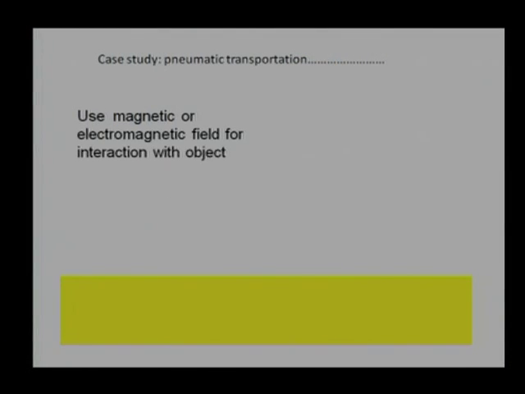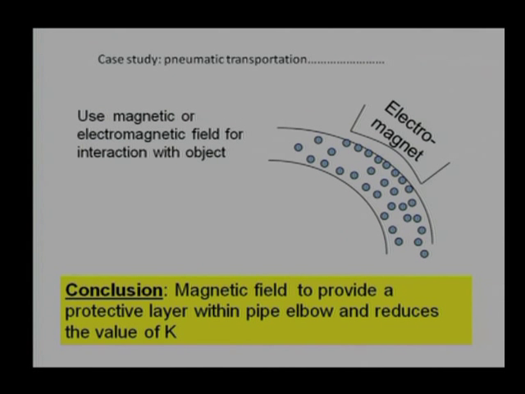We can say that these are the steel balls and they will get attracted to a magnet. Can I think about an electromagnet? Attaching an electromagnet on the pipe is something like this. There is an electromagnet very near to the pipe. Whether this pipe is magnetic or non-magnetic does not much affect the result, because the magnetic field will vary.